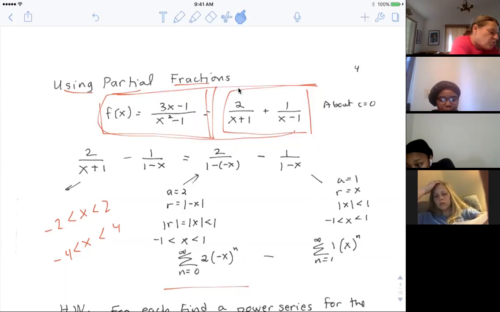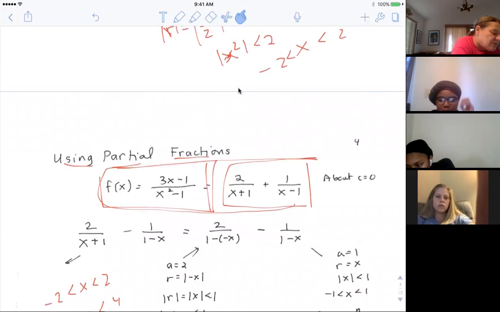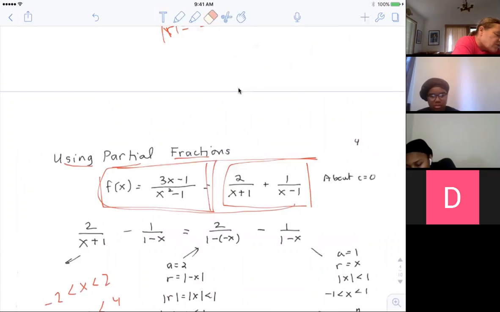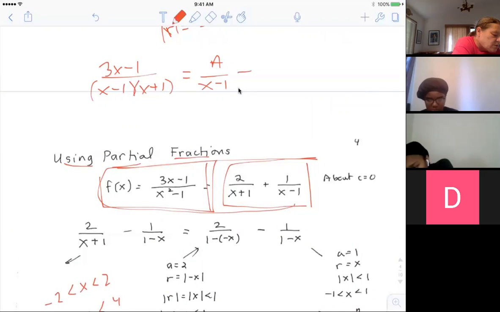Good question. Let's just do it real quickly. Anybody that needs to go can go. Let's see what it should be, because I definitely could have messed up there. Okay, let's do the partial fractions. Good review. Looking at 3x minus 1 over the factored form, x minus 1, x plus 1, it's going to be A over x minus 1 plus B over x plus 1.